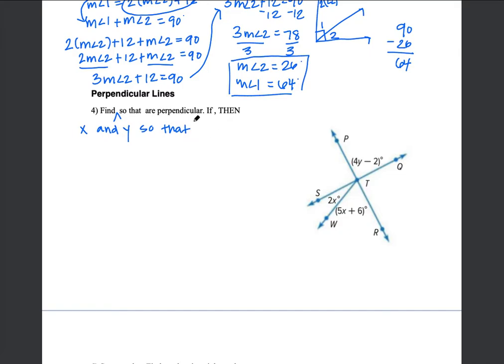so that line PR and SQ are perpendicular.